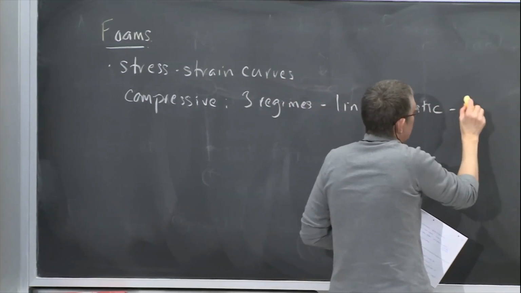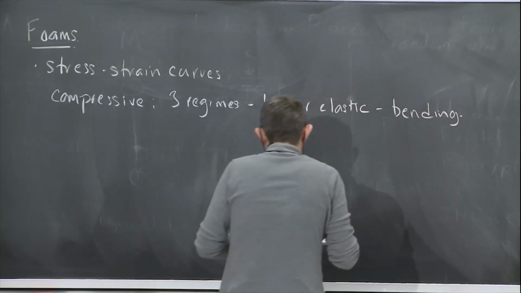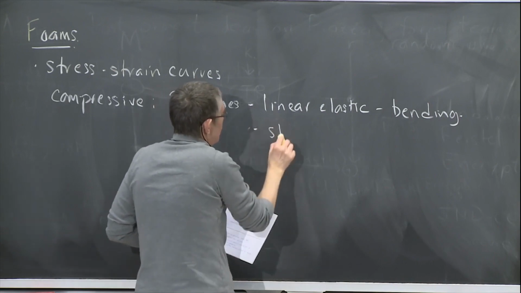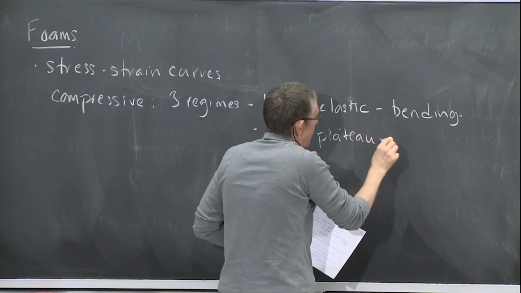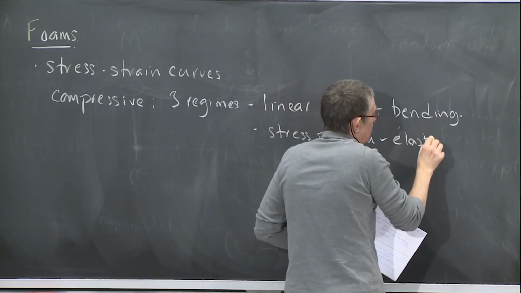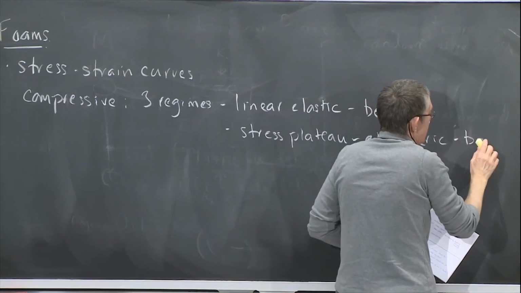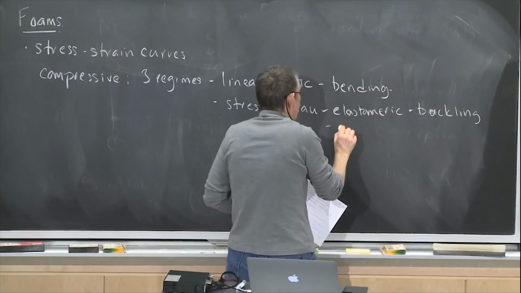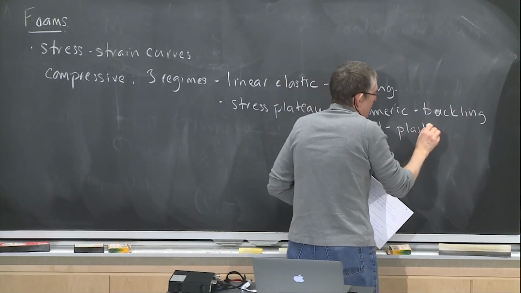There's a linear elastic regime that corresponds to bending of the cell walls. There's a stress plateau. For elastomeric foams, that corresponds to buckling. For metal foams, it corresponds to the formation of plastic hinges.